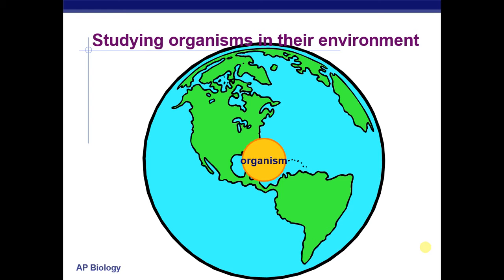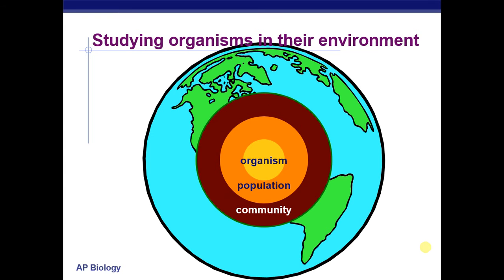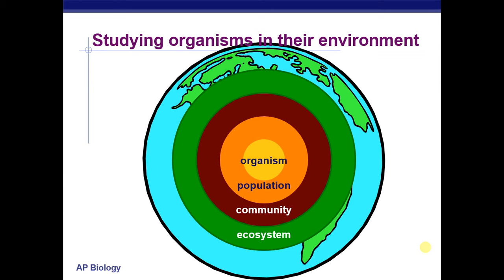We can study interactions from the organism level, from the population level, which is a group of organisms of the same species, the community level, which includes a variety of different populations, the ecosystem level, which includes different communities as well as the non-living aspects of their environment, and the biosphere, or the whole thin layer of the earth that can support life.